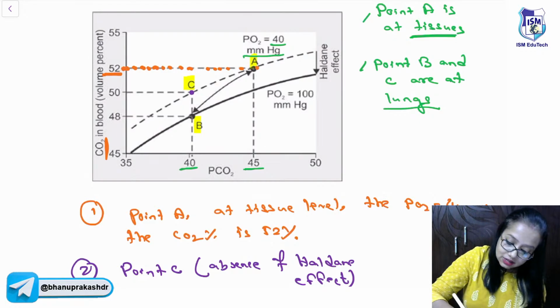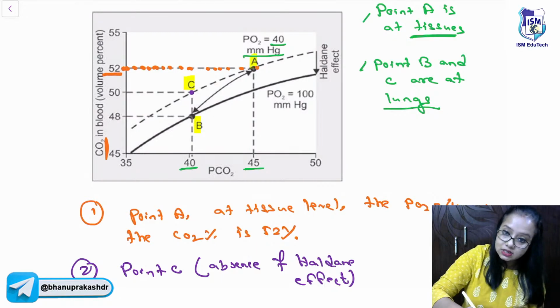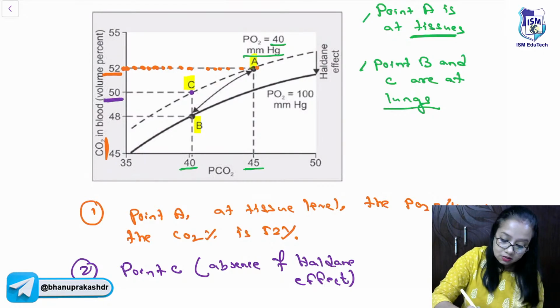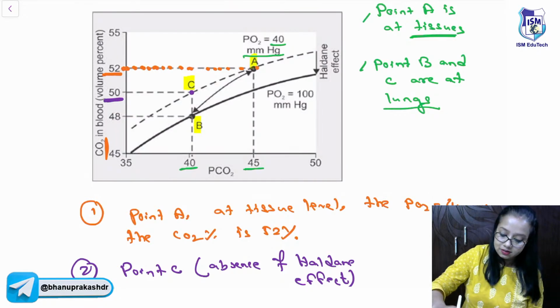When the partial pressure of carbon dioxide at the lungs is 40, its percentage in the lung is only 50%.